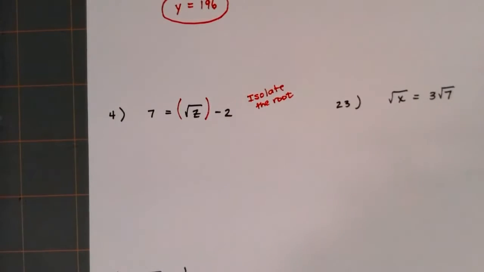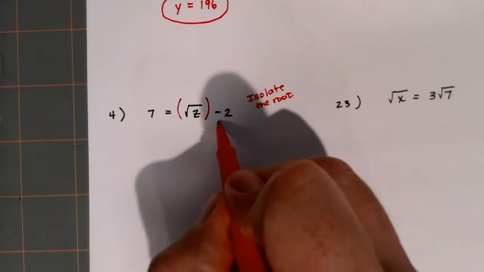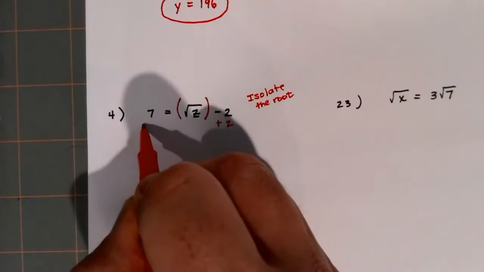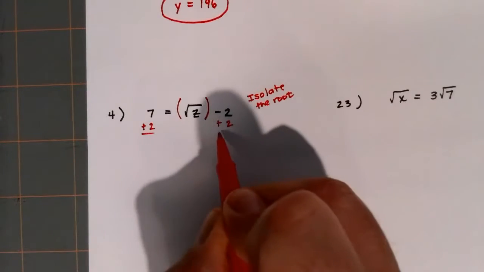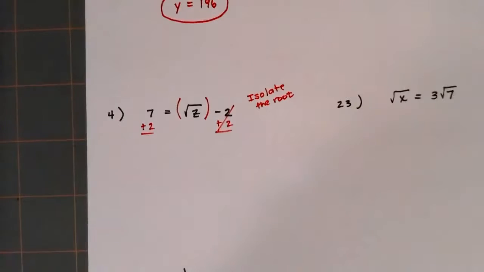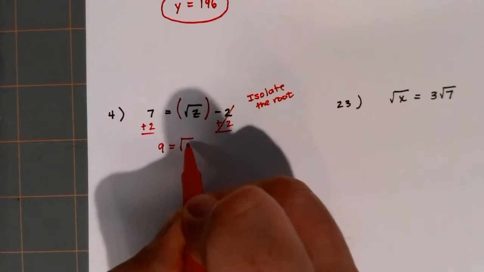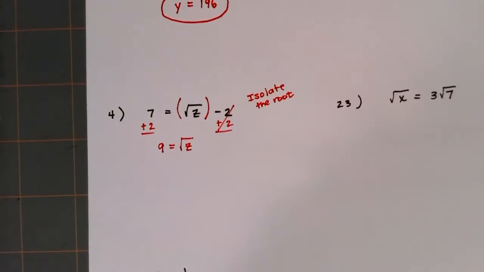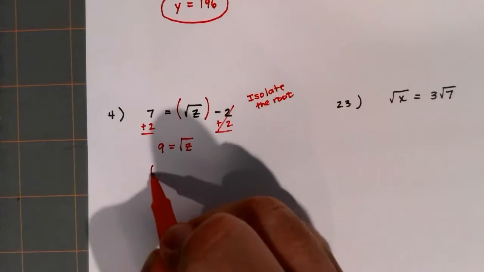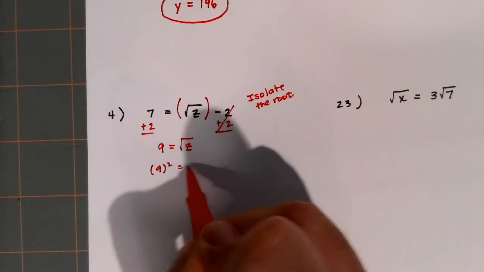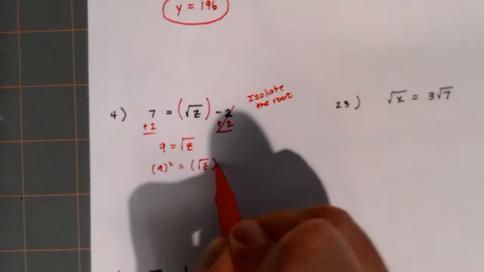So how am I going to get that root z by itself? I am going to add 2 to both sides. These cancel, and I get 9 equals root z. Well, how can I solve that? I just square both sides. I would not do this step; I'm doing it so you can see what I did. It was a pain.